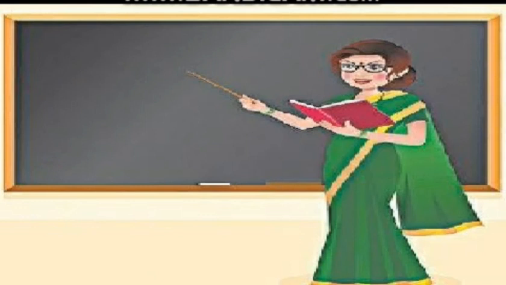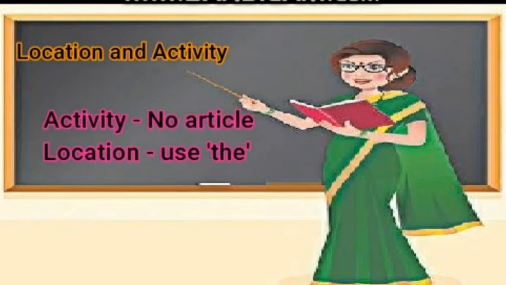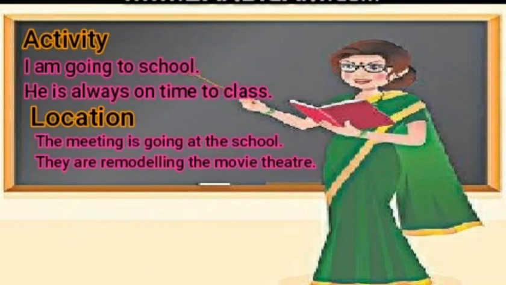Okay. Now, location and activity. See, when we are talking about any activity, there is no need of "the". When we are talking about the location, we need "the". See, I am going to school.